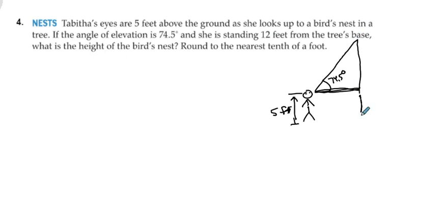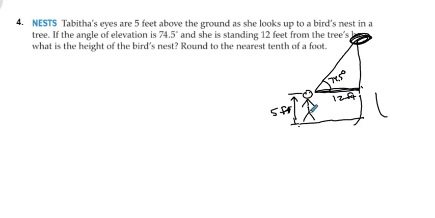So there's a big tree here, it comes down, here's the ground, and then here's the nest up there. So this is 12 feet. Again, this is not to scale. I'm just drawing a picture so I can figure out how to do this. And it asks, what's the height of the bird's nest?